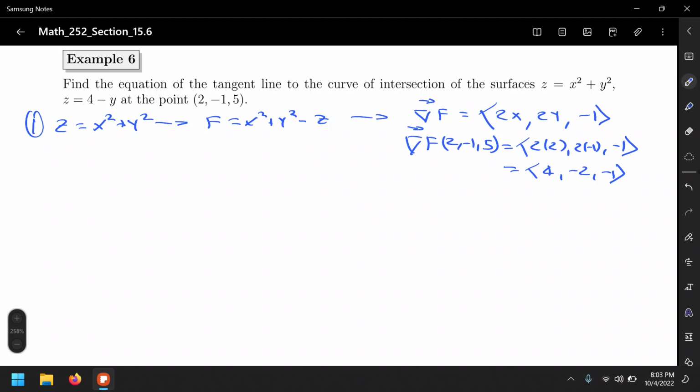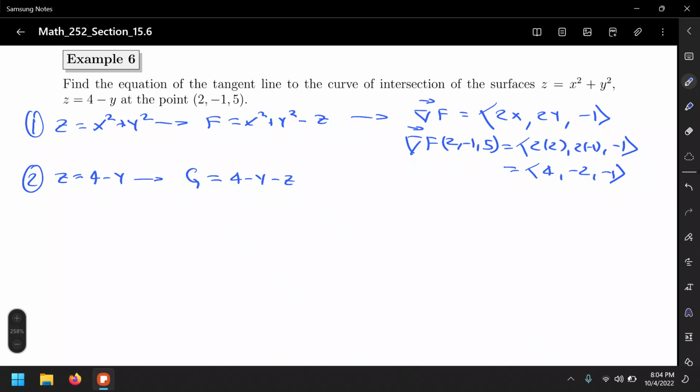Now let's get the gradient for the plane. For the plane, which is z equals 4 minus y, if we create an implicit function, that's going to be 4 minus y minus z. Well, actually, let's use a different letter because we already used big F, so let's call it big G, so we don't get confused.